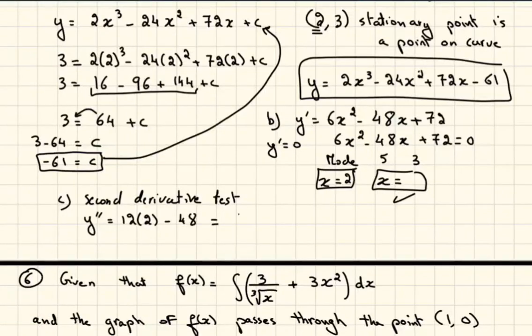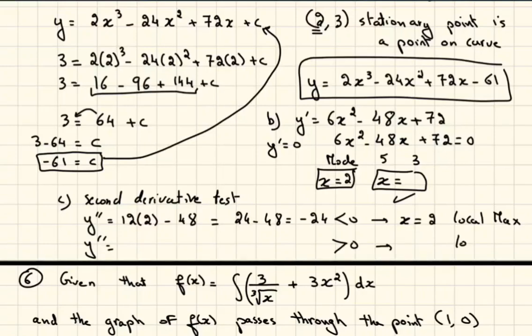So here we get 24 minus 48, which is negative 24. Because we got a negative answer, it means at x equals 2 we have a local maximum. If this is a local maximum, the other point here, when we do it, we're going to get a positive answer for y double prime, and it will be a local minimum.